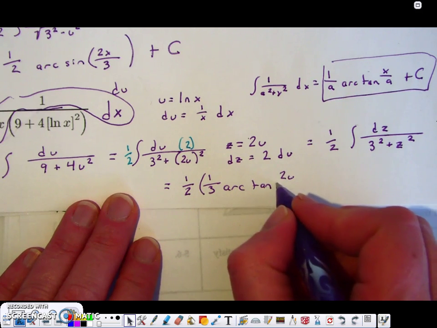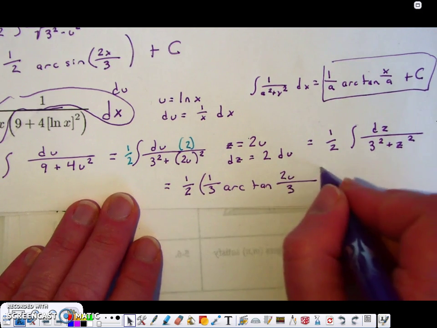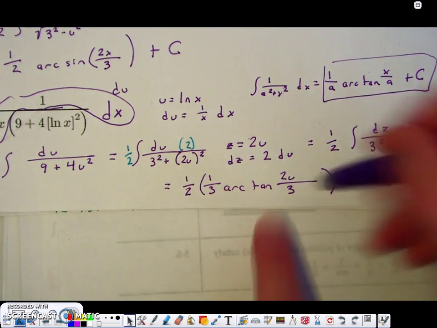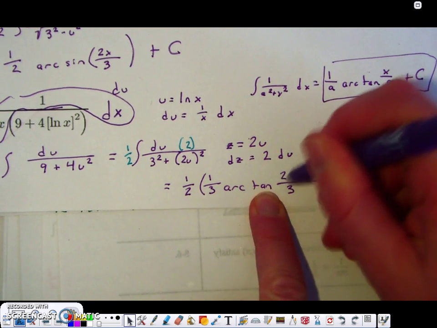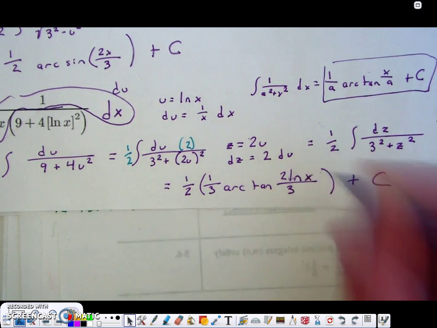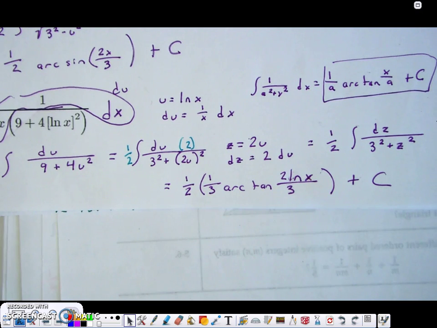Oh, I'm still not even through, yeah. Okay, I'm going to write that. Those are too many substitutions for me all in a row. I'll go back now and erase. Go ahead and put the u is ln of x. Okay, so that's pretty much all you can do. If you'd rather write that as 1/6, you can, but that is your answer.